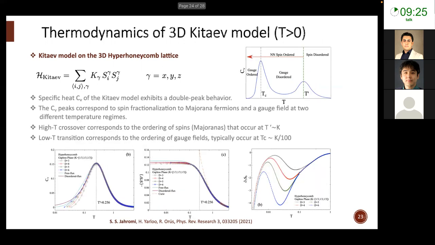On top of that, you could also study the finite temperature properties of the Kitaev model on 3D lattice structures and reveal the signatures of fractionalization.